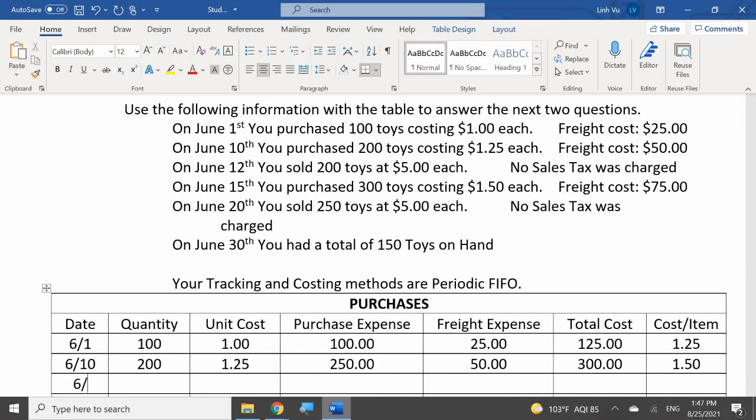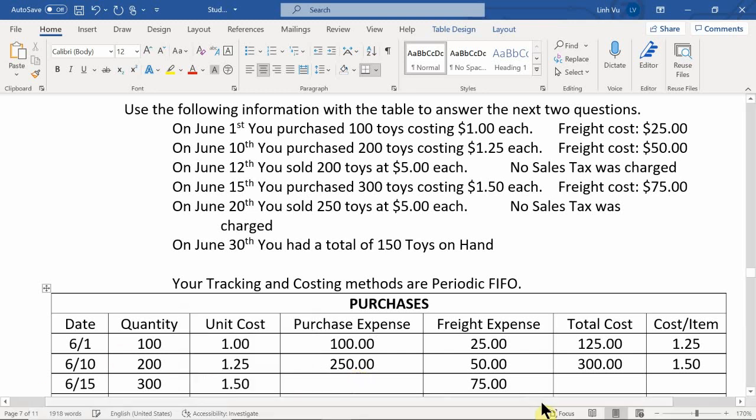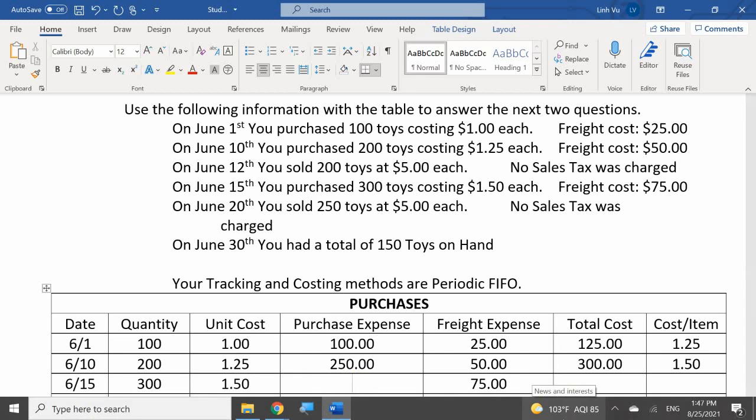So how much was my purchases? $450 plus 75 is 525, which gives me a cost per item of $1.75 each.